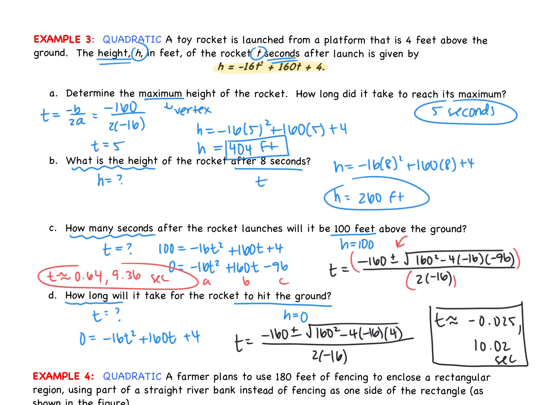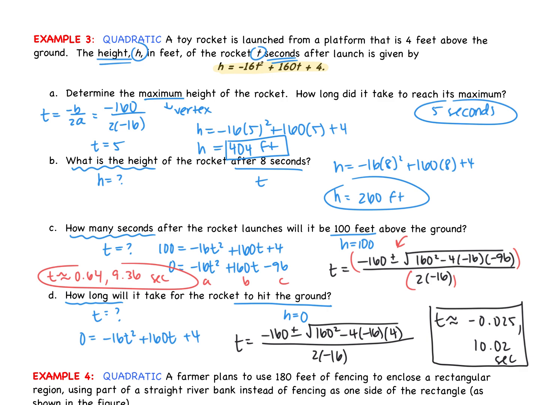Okay, so we should have gotten 2 answers. How do we know that we should have gotten 2 answers? Quadratic. Remember talking about this t squared? You're going to get 2 answers. So the 2 answers I got are -0.025 and then 10.02 seconds.